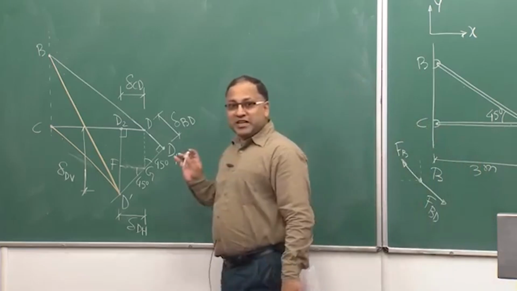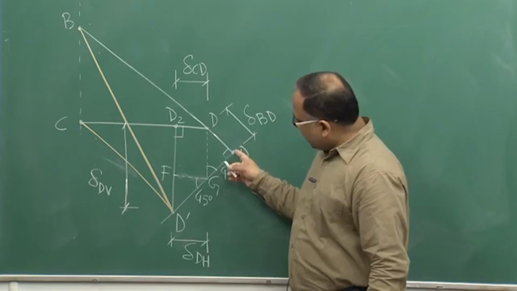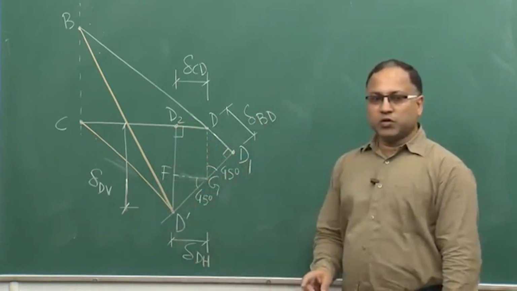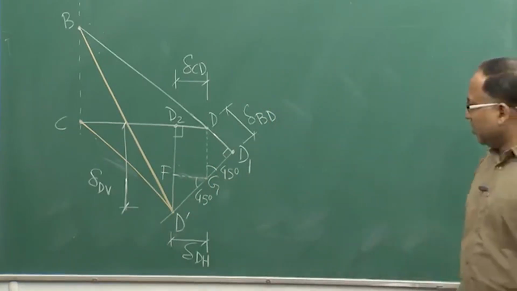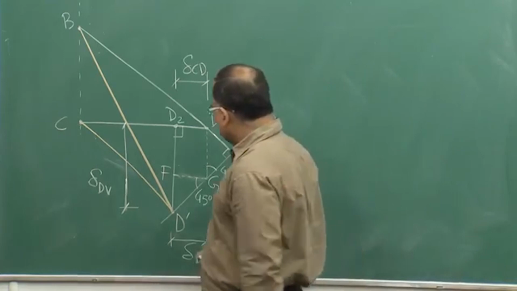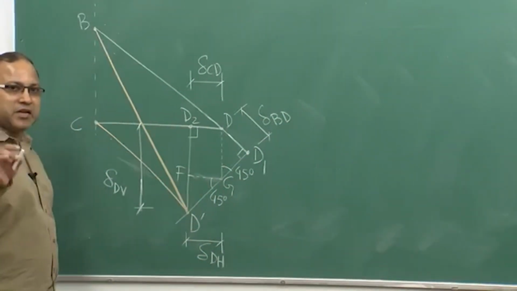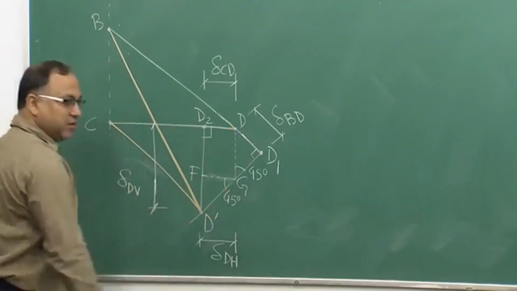So, what we did, we drew a perpendicular line from D1 and another perpendicular line from D2, which will be meeting at a common point D prime, okay. Now, this D prime is the final point after deformation. Before deformation it was at D, now after deformation it is becoming D prime.